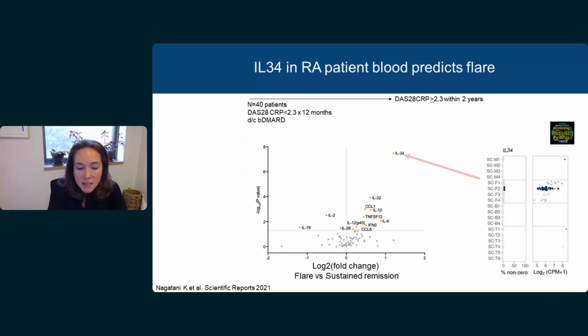They were trying to identify whether they could predict which patients who were in remission were going to flare when they discontinued their therapy. And they were looking at cytokines in the blood. And one of the cytokines that was the most predictive of flare compared to sustained remission was this IL-34, which is also robustly expressed by rheumatoid arthritis fibroblasts.